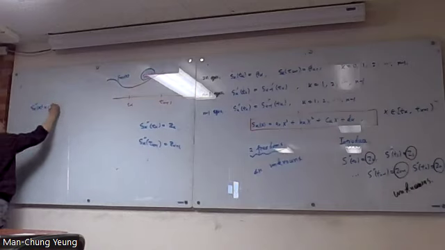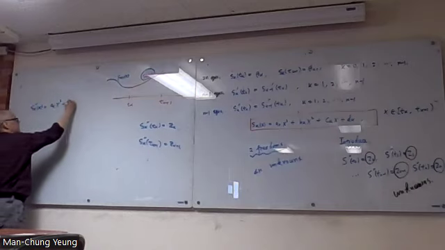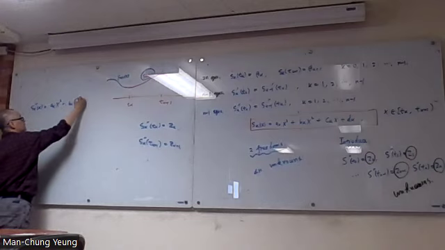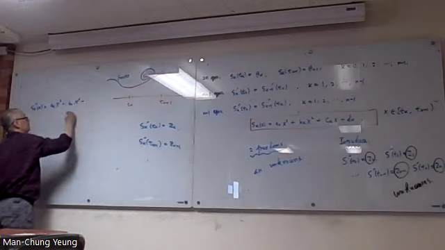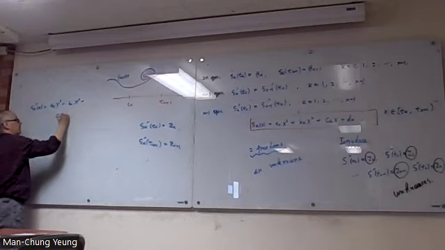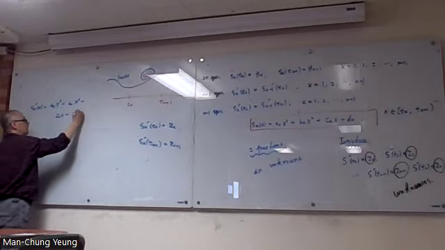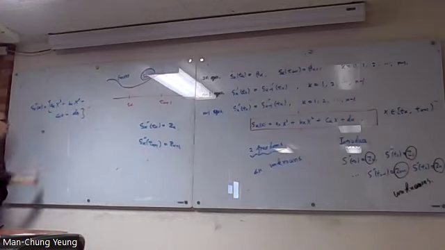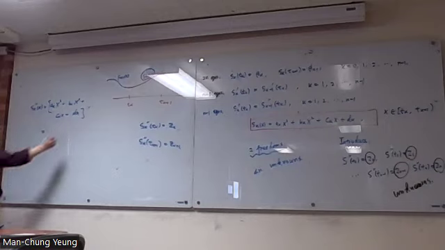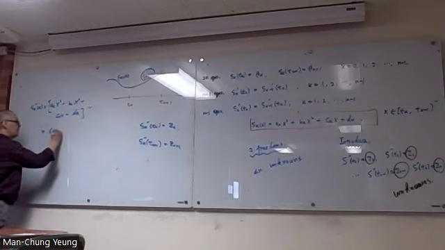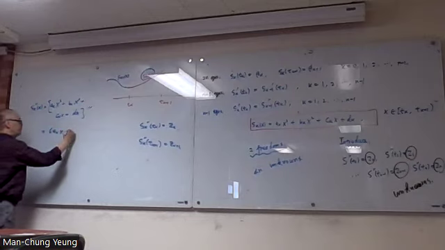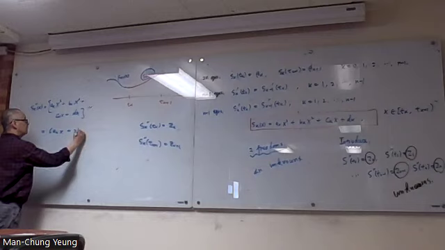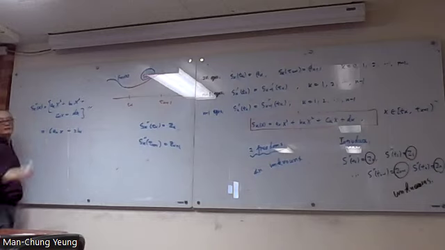This is Sk(x) = ak x^3 + bk x^2 + ck x + dk. Take the derivative twice, so the second derivative is 6ak x + 2bk, right?